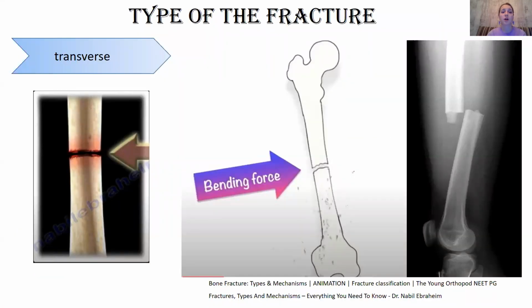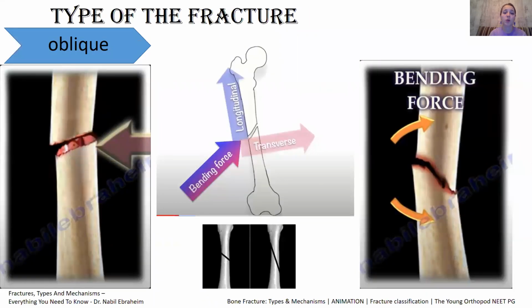The transverse fracture, what does it mean? It is a bone break that goes straight across the bone. Only straight across the bone is transverse. If the fracture line has some angulation, it will not be transverse, it will be an oblique fracture. An oblique fracture is a bone break at an angle. If the angle is less than 30 degrees, we call this fracture oblique.